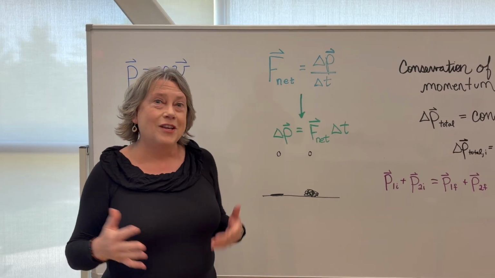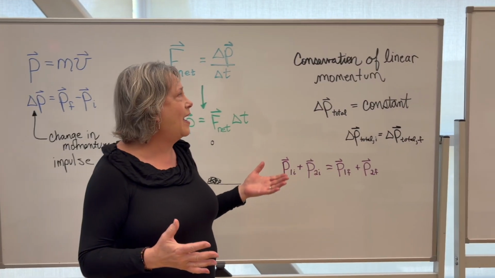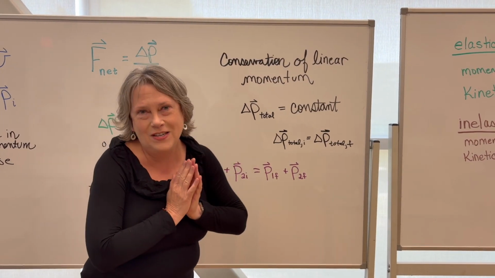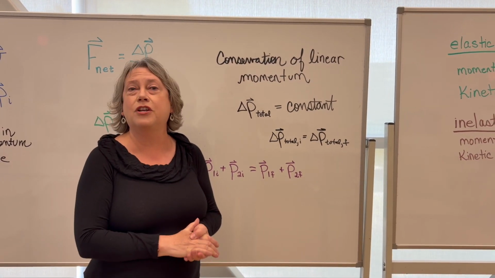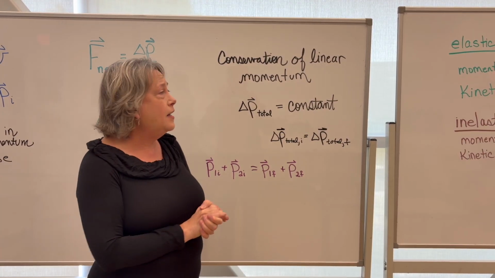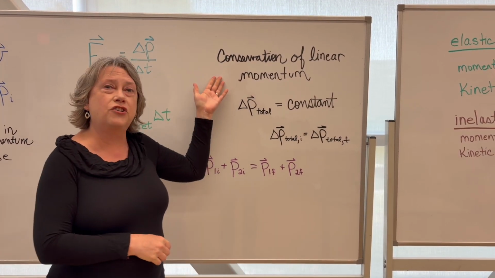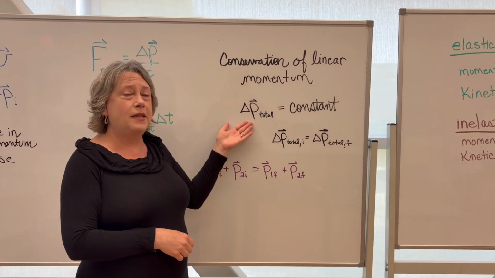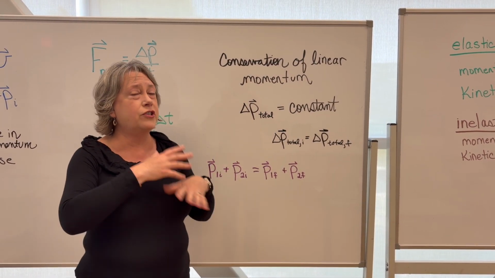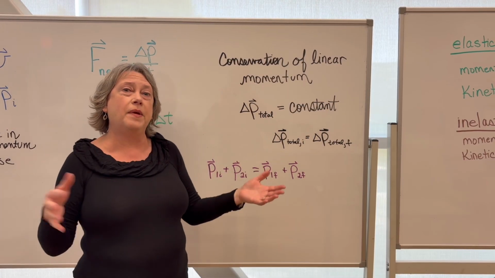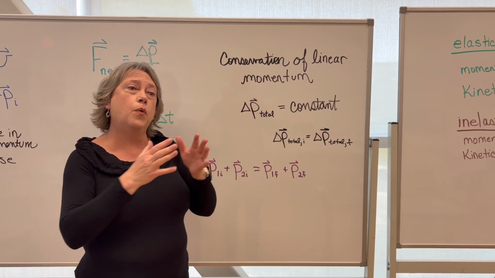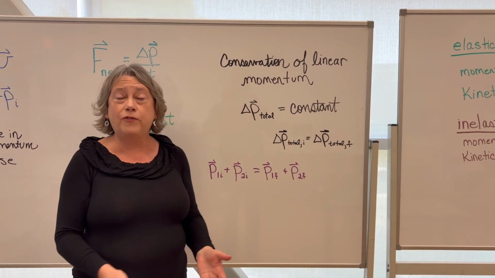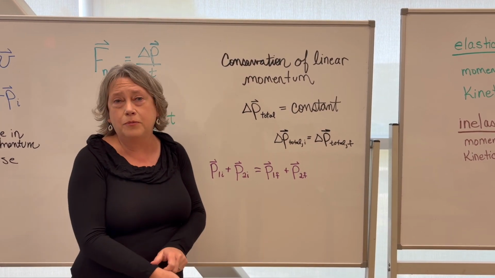All right, so let's look at our second conservation law in physics. We've already had conservation of mechanical energy. Now we are encountering conservation of linear momentum. The linear momentum total of your system has to remain constant. So total, if we have more than one object, we're going to do quite a few problems where we'll have two objects.